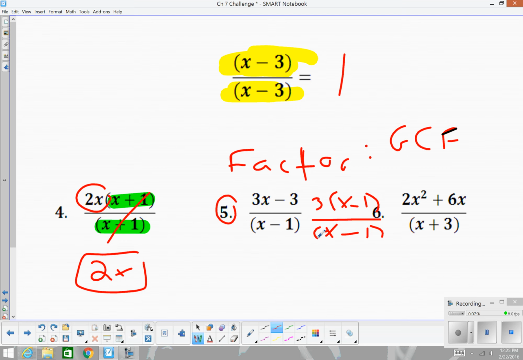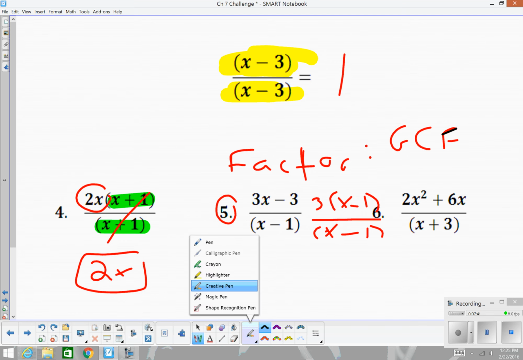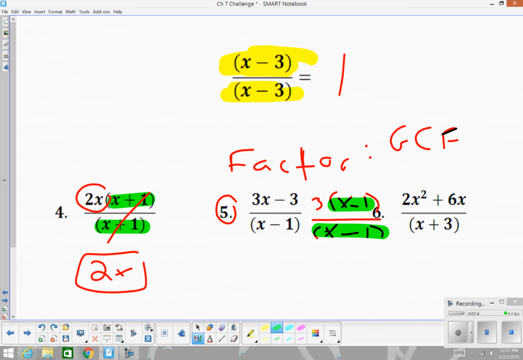So essentially, I have x minus 1 over x minus 1, my mistake. And that's going to cancel out. I'm going to be left with 3. Okay, and that's my answer.